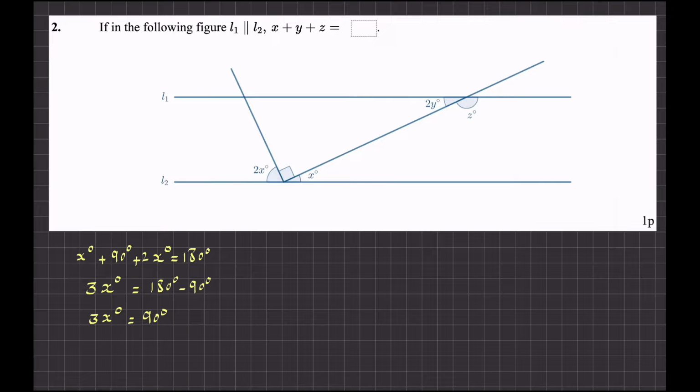I divide both sides by 3, so x degrees becomes 30 degrees. But I want to find the pure number x. You see here x is without the degree sign. If x degrees is 30 degrees, x itself as a pure number is just 30. So this is my x.